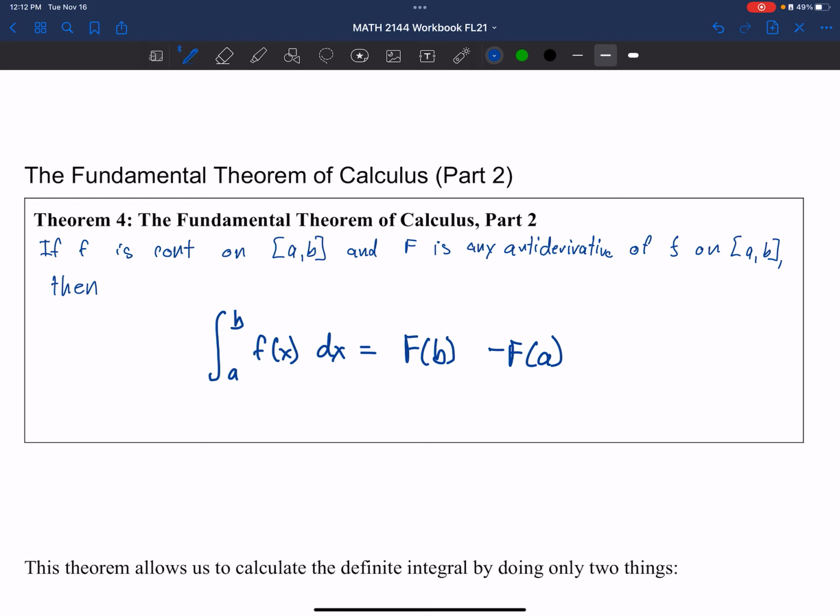So before we had to do the limit of the Riemann sums, but this is saying all you really need to do is find the antiderivative and then plug in the endpoints, which is really amazing if you think about the idea that you are summing up a bunch of rectangles, and this theorem says all we really care about is where it starts and where it ends, and everything else in the middle just falls into place. So like I said, we'll look at some geometric animations of that in a few minutes.